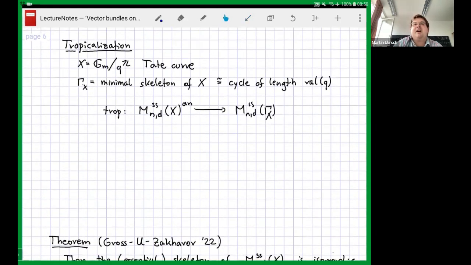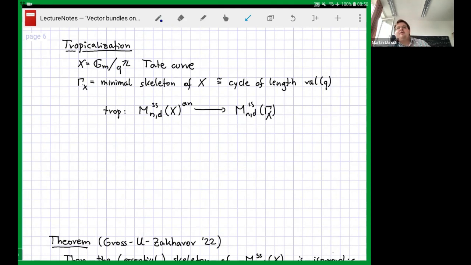We have the setup as above. Now X itself is a Tate curve, meaning it's given as G_m^an modulo Z essentially, and then Gamma_X is the dual metric graph, which is just a cycle of length the valuation of this q that shows up.